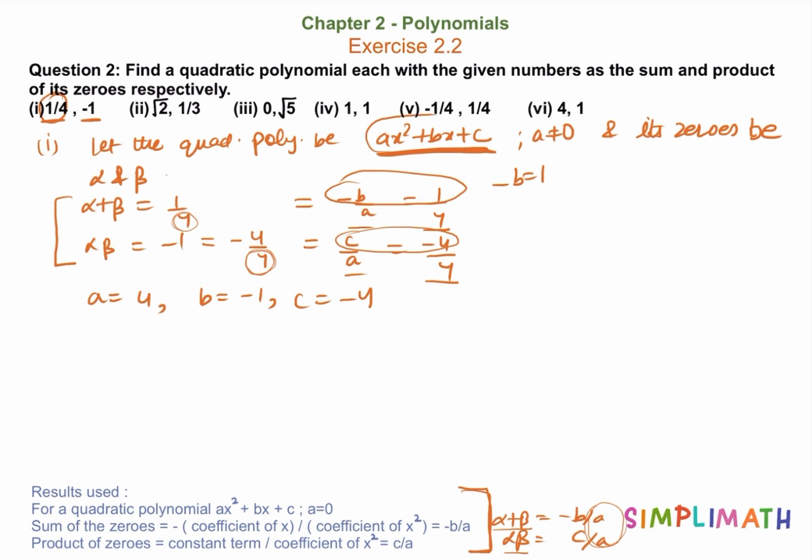Now let us put the values of a, b and c in this polynomial. So we get 4x square minus x minus 4. And any quadratic polynomial that would fit the given conditions would be of the form k into 4x square minus x minus 4, where k is a real number.